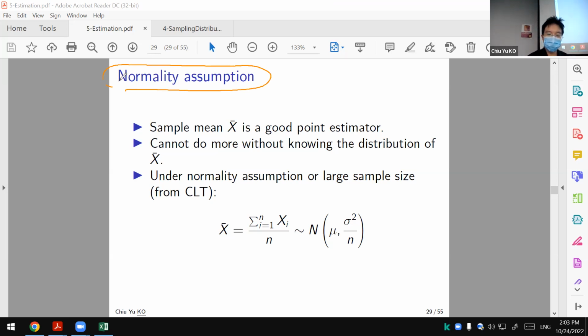The main idea is we know this is a good point estimator, okay? But we really can't go one more step without knowing how X bar looks like.